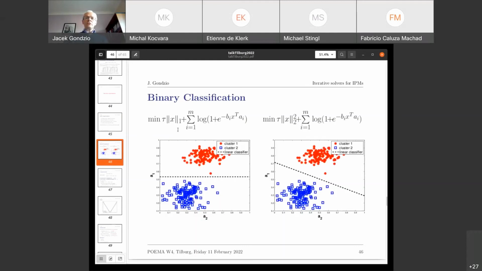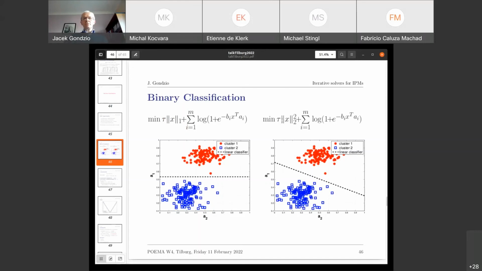To illustrate the advantages of promoting sparsity, I show you here a trivial example in the space of dimension 2, in which we look for a separating hyperplane. In the first case, we promote sparsity of the solution by penalizing the norm 1 of vector x.